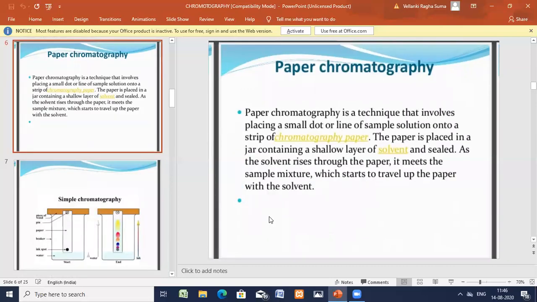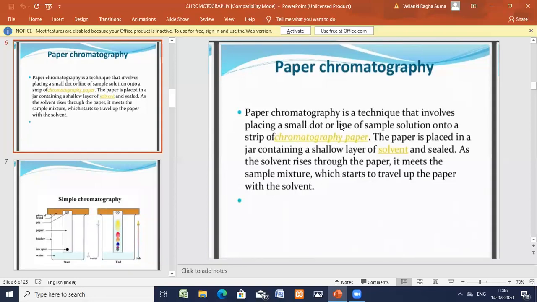Now, what is paper chromatography? It is a technique involving placing a small dot or a line of sample solution on a strip of chromatography paper. I'm repeating once again.